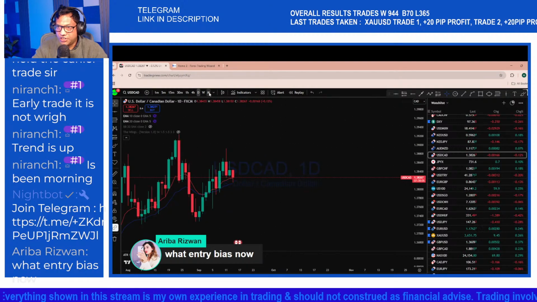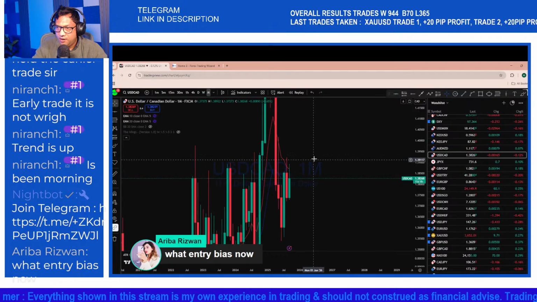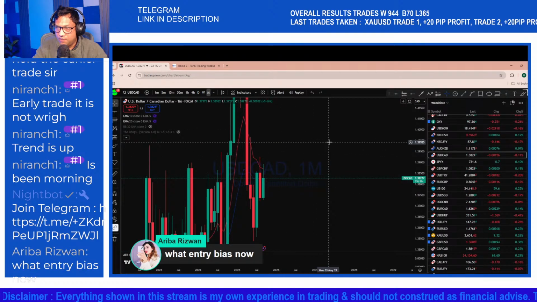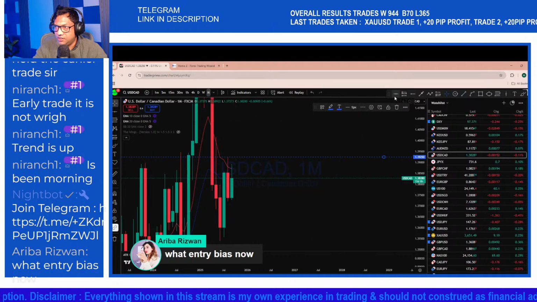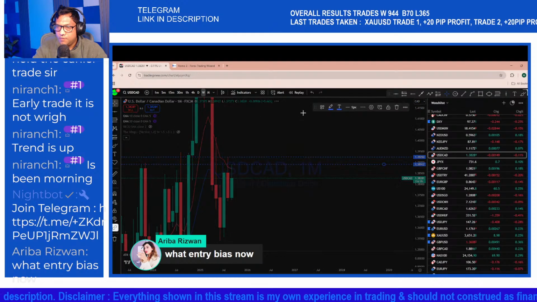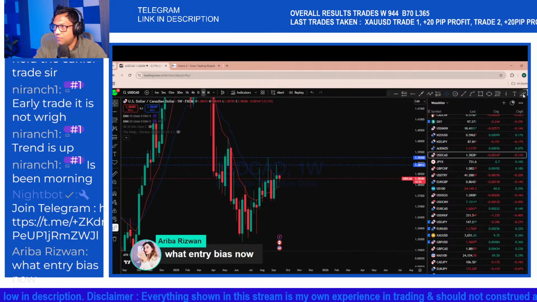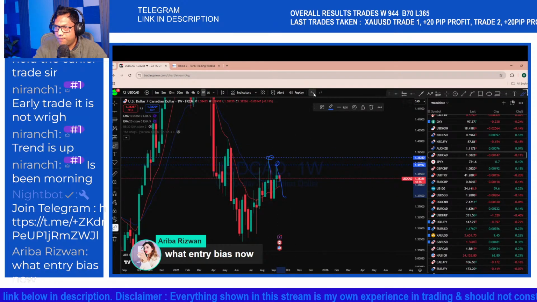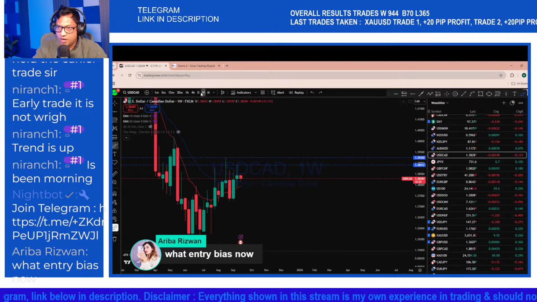If you look at the monthly price action, from this monthly bearish candle, this is another monthly bear candle, and this is another monthly candle with a long wick rejection. There's another long wick. So back to back two long wicks on dollar CAD.